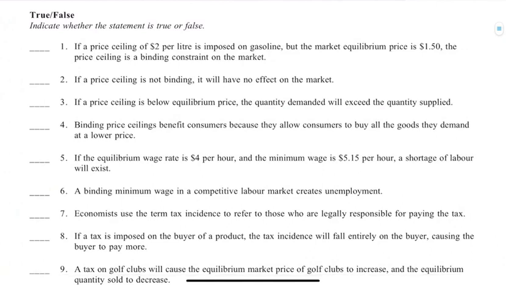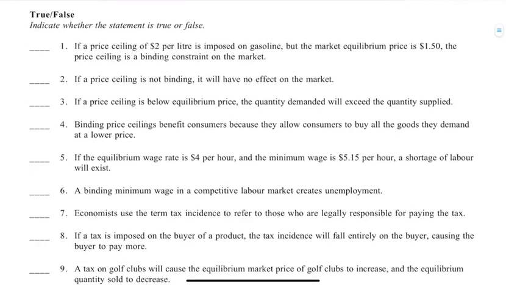So first, if a price ceiling of $2 per liter is imposed on gas, but the market equilibrium price is 1.5, then the price ceiling is a binding constraint. Now, to solve this, you have to remember the definition of price ceiling, right? In this case, you can see that the price ceiling of 2 is larger than the market equilibrium price, right?